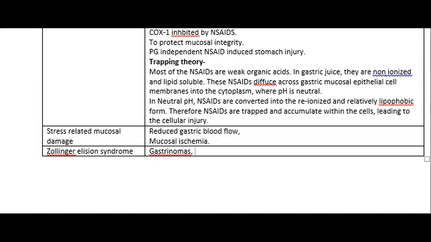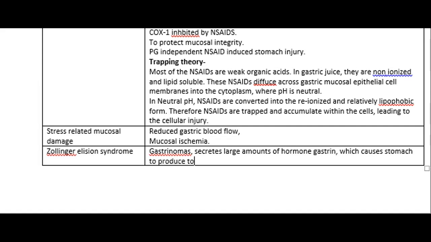They secrete large amounts of a hormone called gastrin, which causes the stomach to produce too much acid.